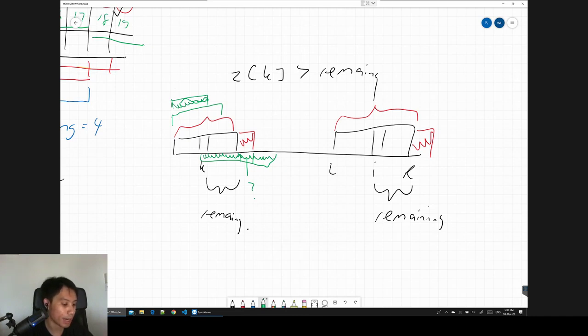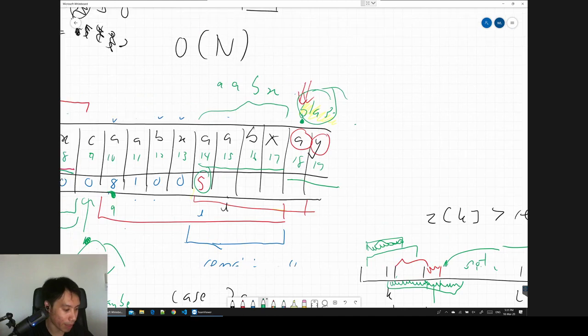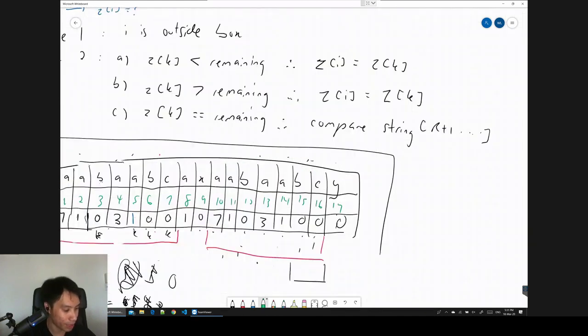But I know this character and this character are not the same. Because it is not the same, no matter how big the number is, you're only bounded by the remaining. So here it means my answer will be the same as remaining.